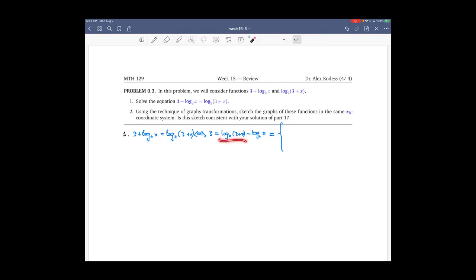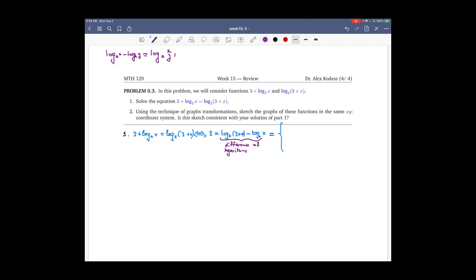Because I would like to transform this difference of logarithms using the well-known rule log x base a minus log y base a equals log base a of the quotient x over y.